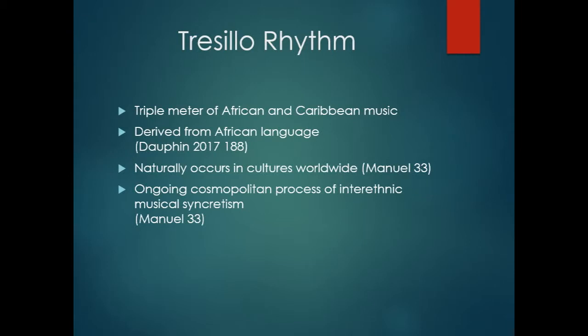So when creolization occurs, when you combine different cultures, when African music was combined with other types of music, that process of creolization produces a more cosmopolitan style. So this tercio rhythm is able to be combined with European styles, with the creolization of music in the Caribbean and North America, South America.